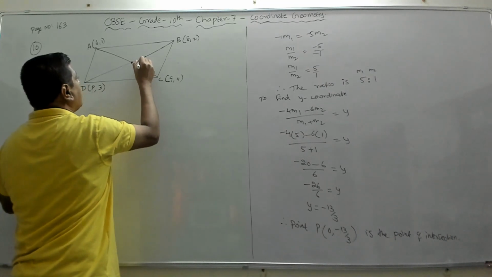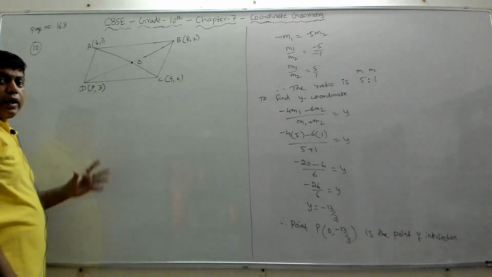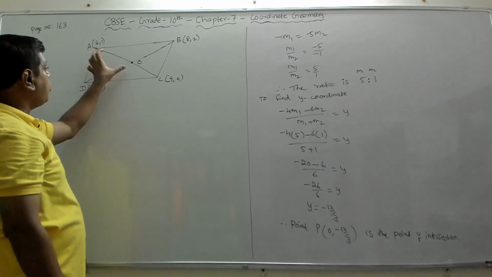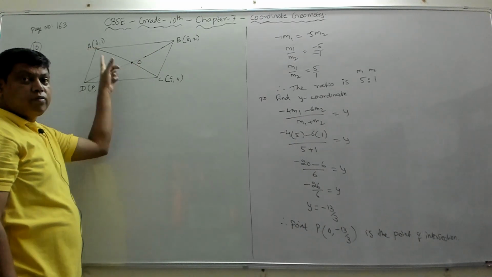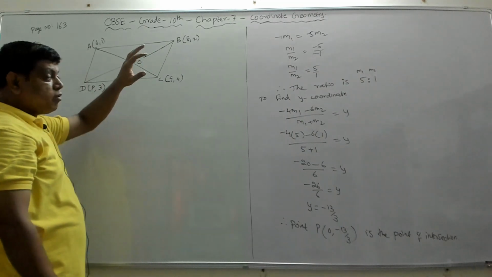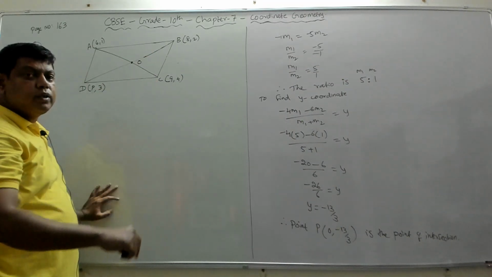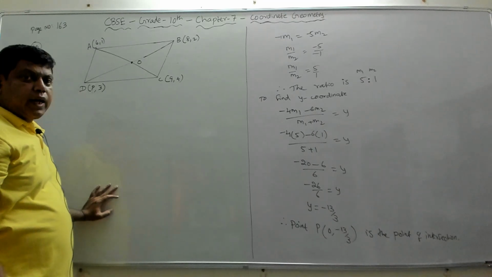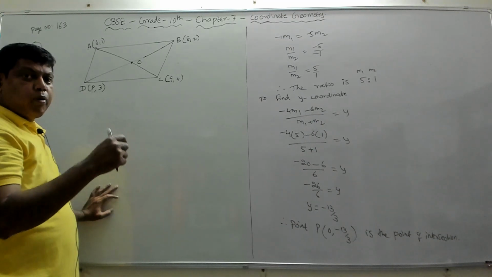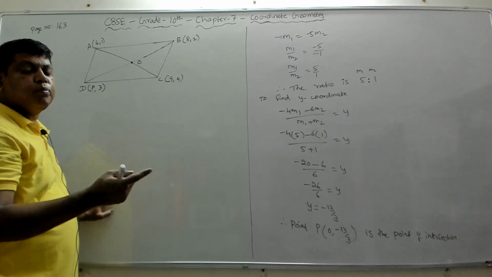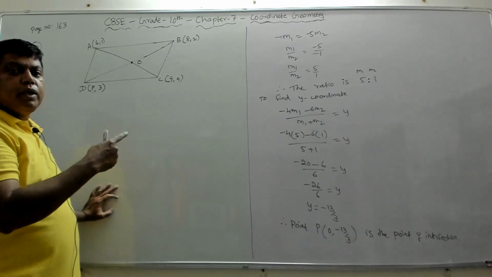If this point is called O, then your AO is equal to OC and your OB is equal to OD, which means O is the midpoint of AC and also the midpoint of BD. Diagonals bisect each other means the midpoint of the diagonal AC is the same as the midpoint of the diagonal BD. Here AC and BD are the diagonals.